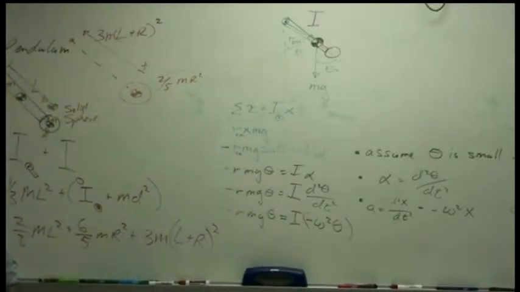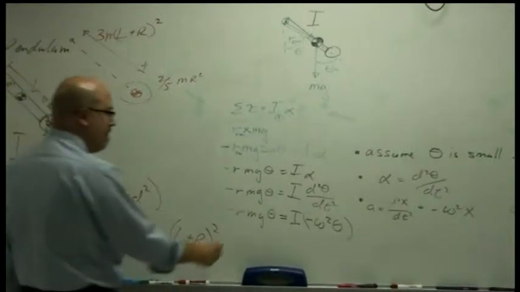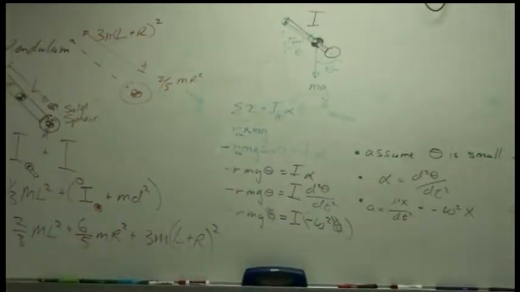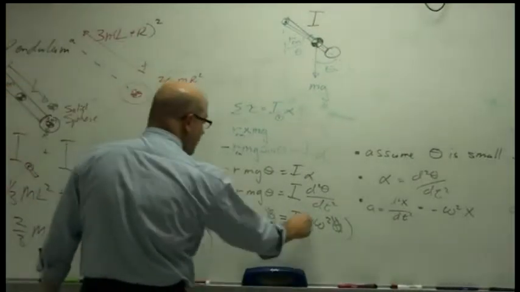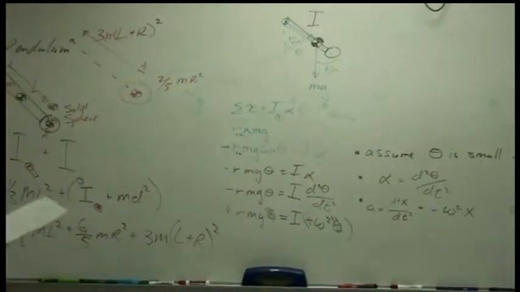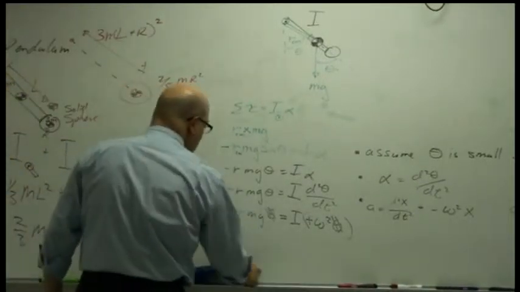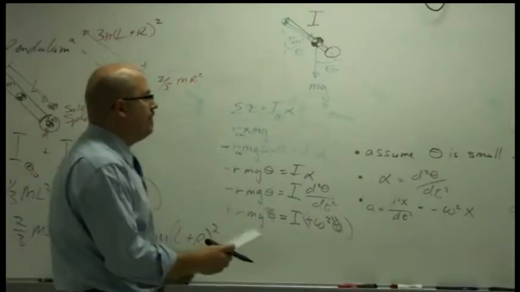So that becomes negative rmg theta equals I times negative omega squared theta. Theta goes away. Bye-bye theta. And my negative goes away. And we're almost done. Will you please solve that for omega?